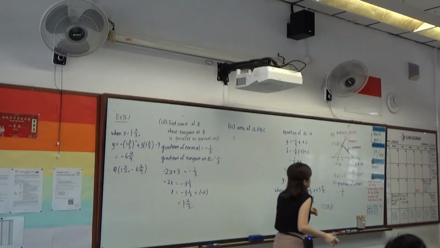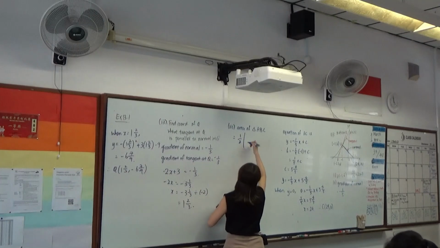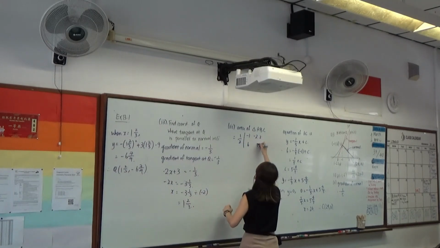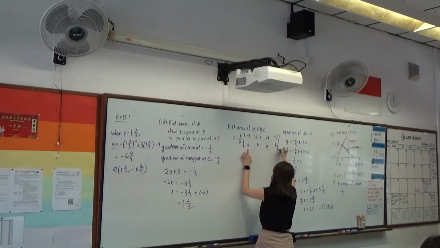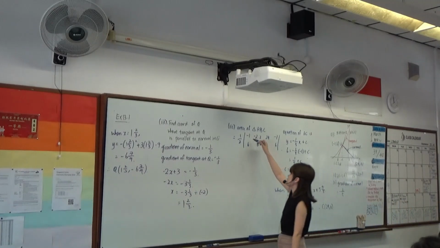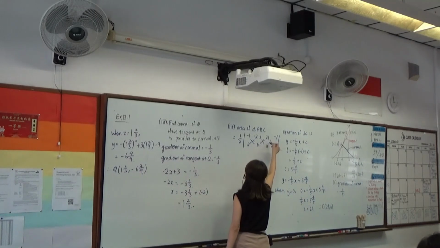Using my shoelace method, I have to do it in an anti-clockwise manner. So remember the half, negative 1/6, negative 2.2, 0, 29, 0, and going back to the start. Then this times this, this times this, this times this, then minus away the other direction.